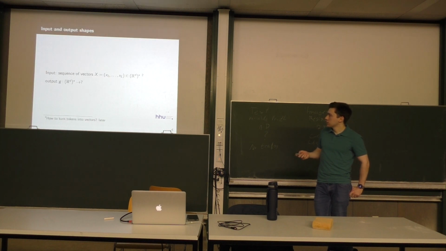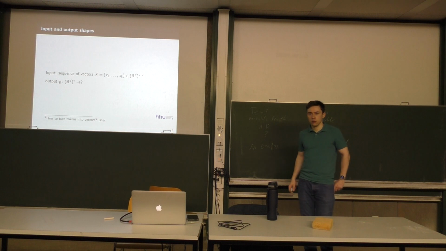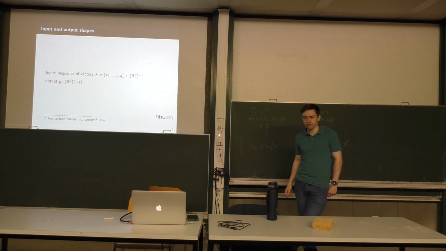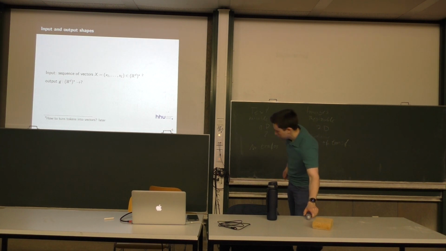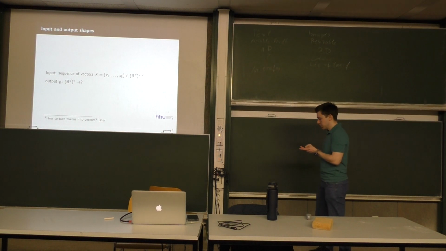Okay. So then how do we deal with this? What input and output should our representation model take? For images, you usually have something like this.